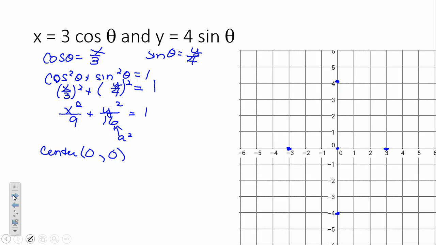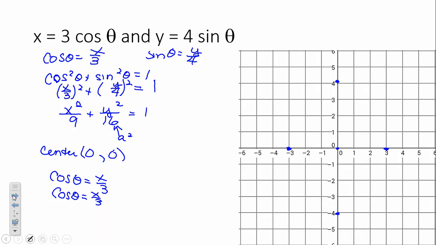Okay. So if we plug in 1 or some other number that's nice, let's plug in theta equals 0. When theta is 0, okay, so what's cosine of 0? 1, right?